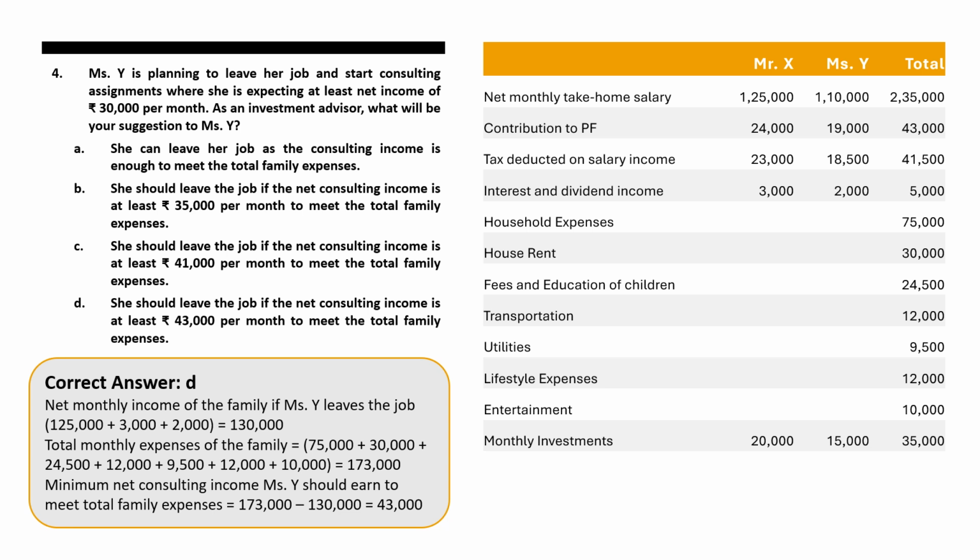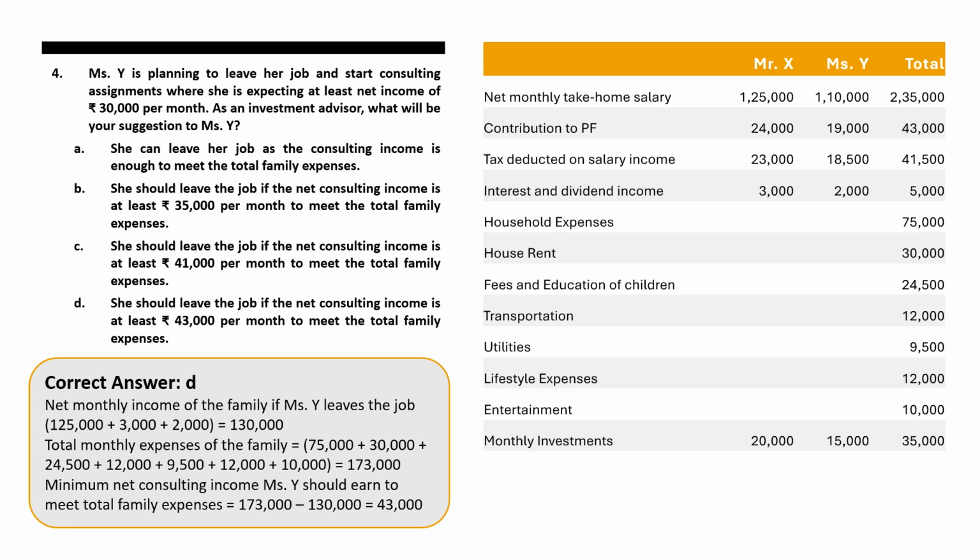So net monthly income of the family if Miss Y leaves the job is 1,25,000, which is the net take home salary of Mr. X, and then we will be adding the interest and dividend income for both Mr. X and Miss Y, because even if she leaves the job she will still get the interest and the dividend income that she's getting, right? So this is 1,30,000.